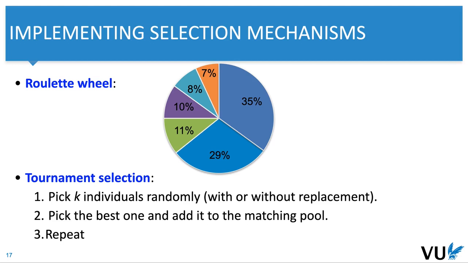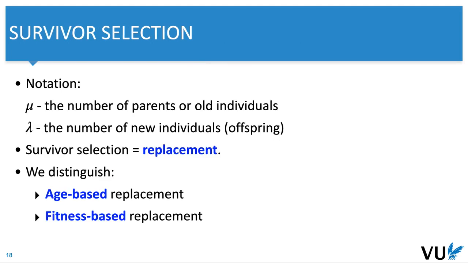We check their fitness values, and if an individual has a higher fitness function value than the other, we say that it wins. And after playing these games among each other, we just pick the best individual and add it to the mating pool, and then we repeat. And after some repetitions, we pick the best mating pool.